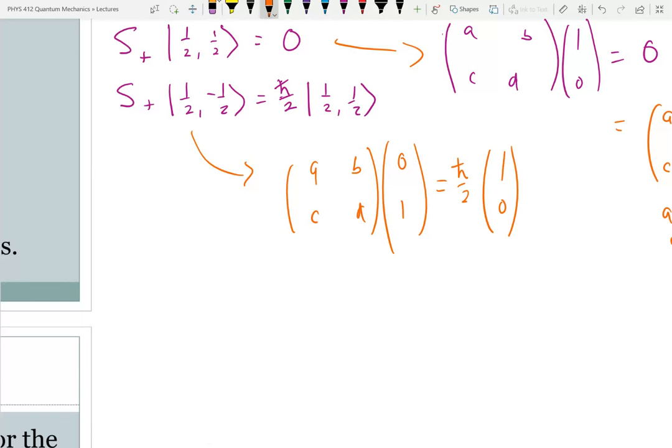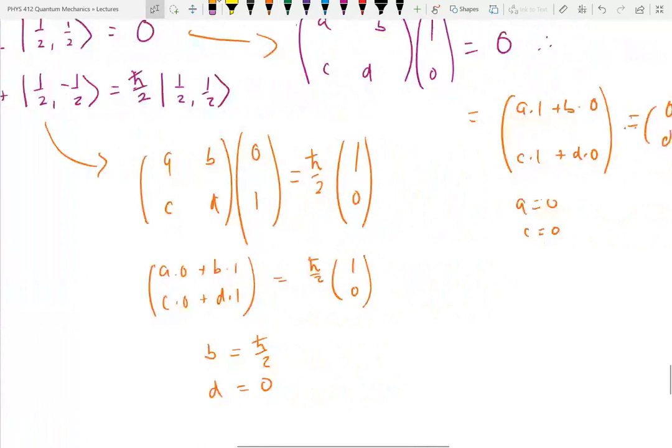So multiplying through, I'm going to have those two.